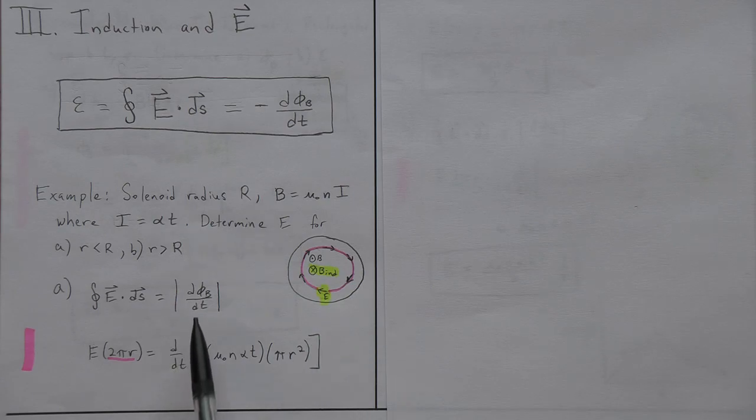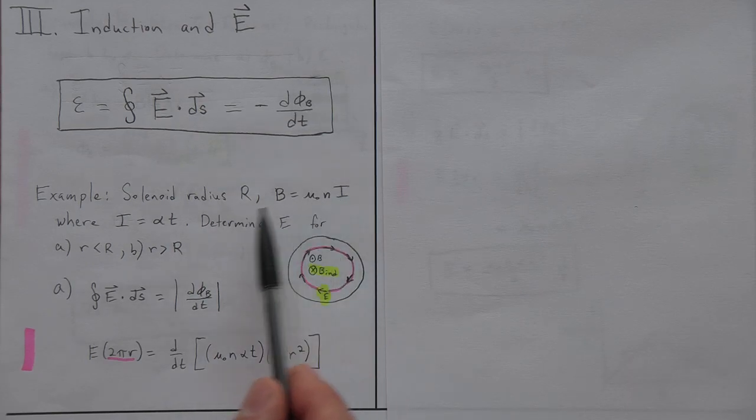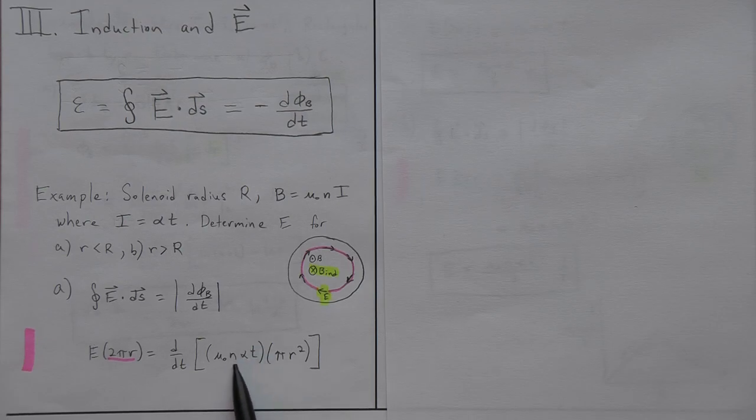And then the flux is B, this expression, Bn, and then alpha t for I. So Bni times pi r squared. Okay? Pi r squared is the area of this right here. So this is the flux, B times area of this surface. We do a time dependence, everything else is a constant, so we just take the derivative with respect to time.